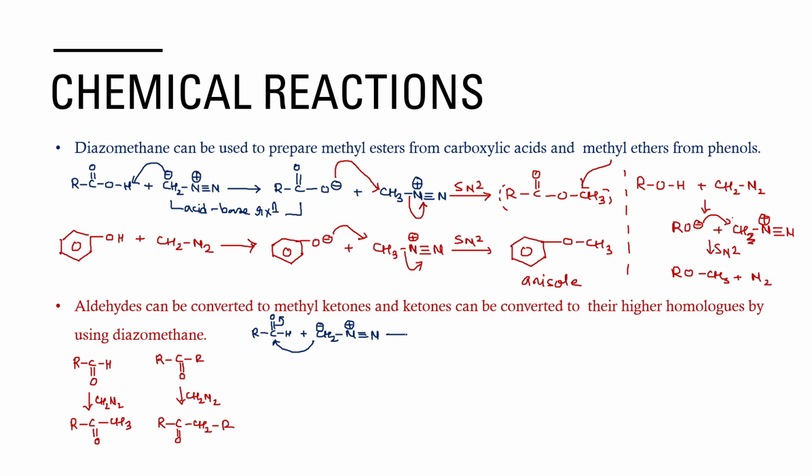This turns into a tetrahedral intermediate. Now CH2 is connected to a very good leaving group. So this negative charge comes over here, and there is a proton transfer which takes place to carbon, and nitrogen goes out. So 1, 2, 3.